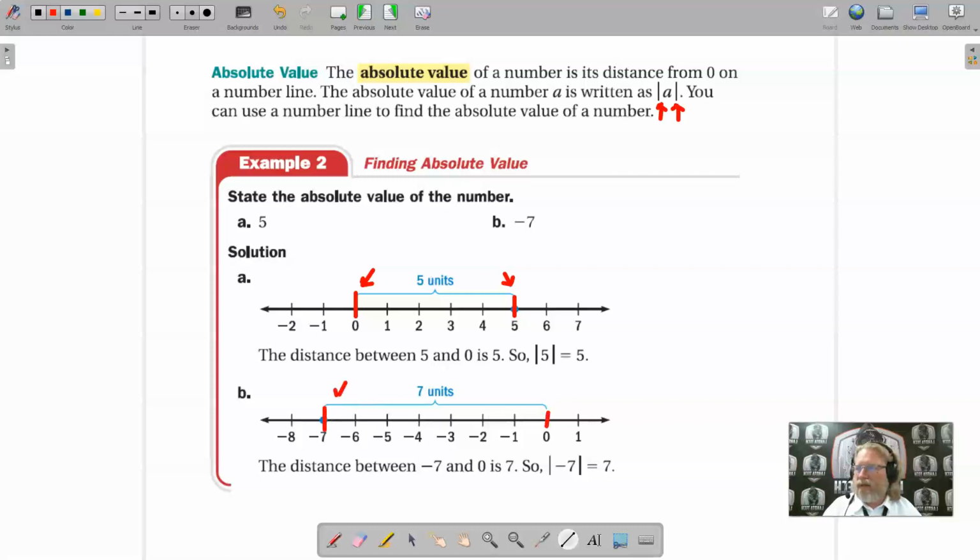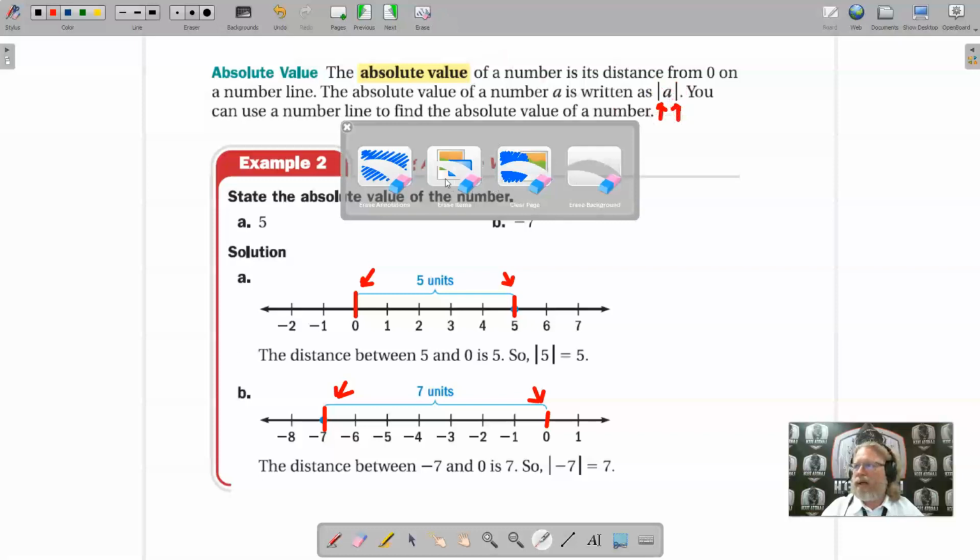So we're talking about the distance from here to here. Like the distance between these two lines. And if you think of it that way, as the distance between these two lines, whenever we're talking about distance from 0, we're talking about absolute value. So that's just a memory device to recognize this notation as absolute value, because it's all about the distance from 0. So let's go ahead and erase all the notation there.